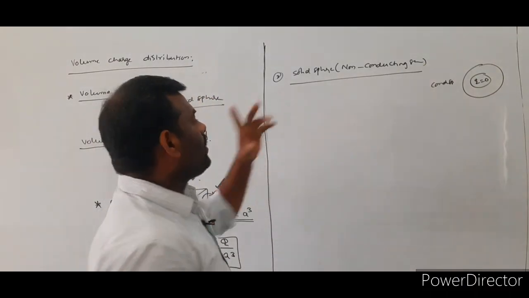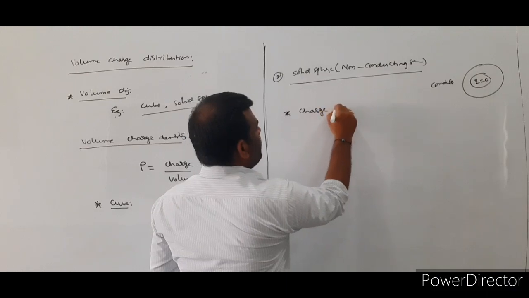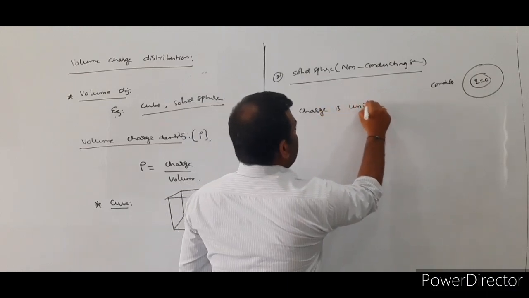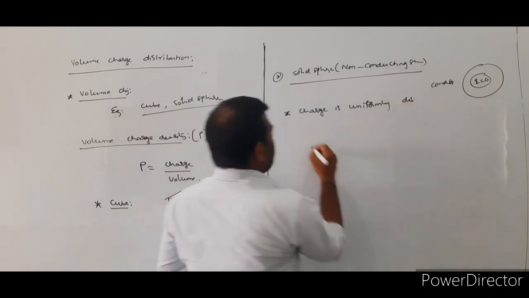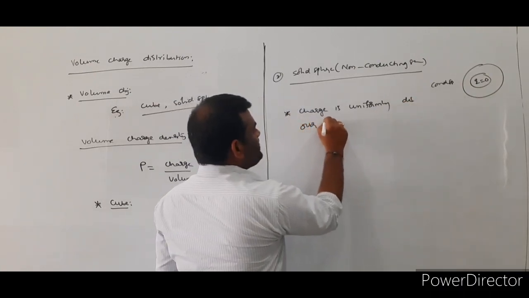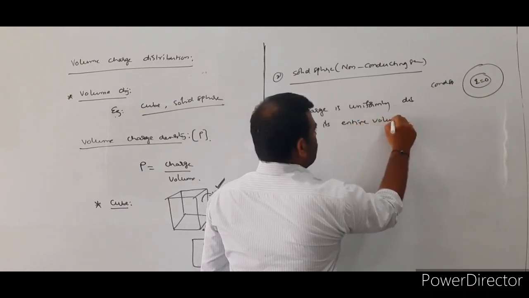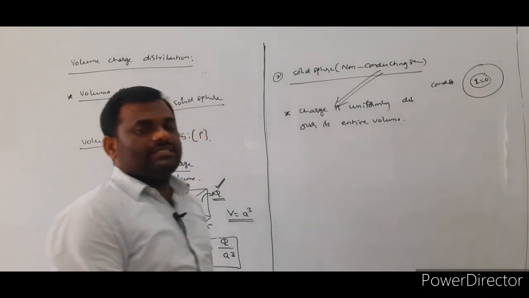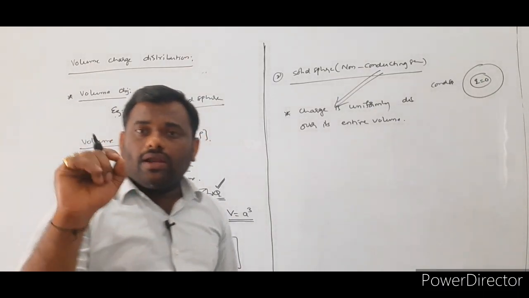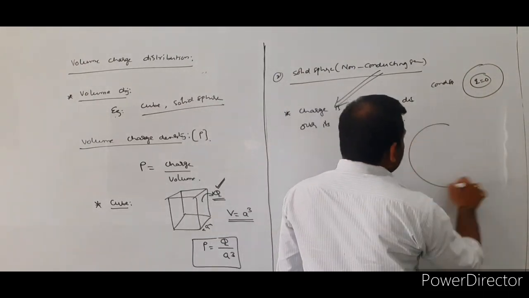In the case of the non-conducting sphere, charge is uniformly distributed over its entire volume. Such a type of sphere we call a non-conducting sphere.